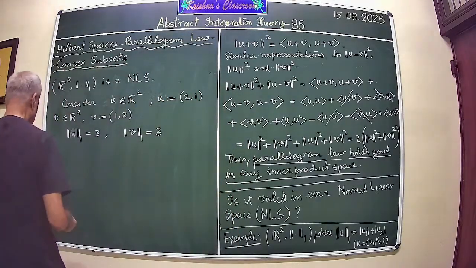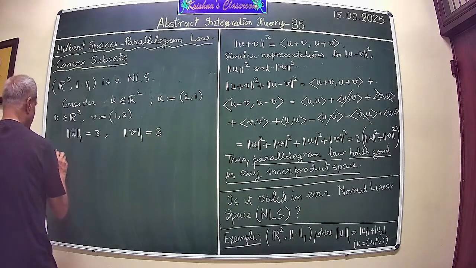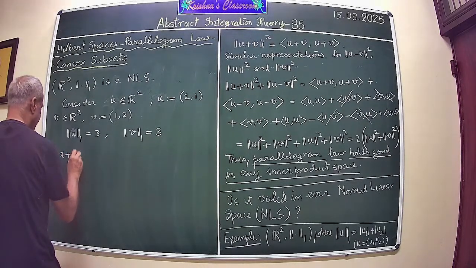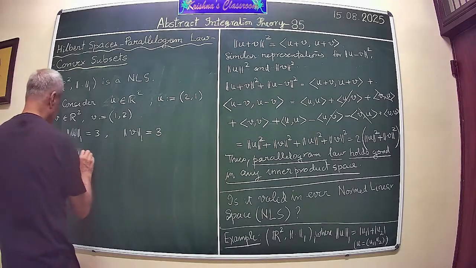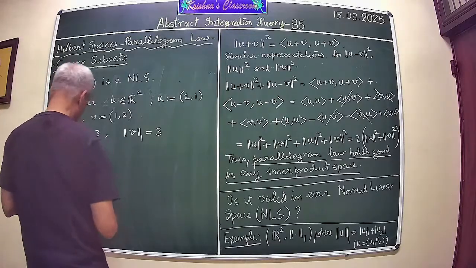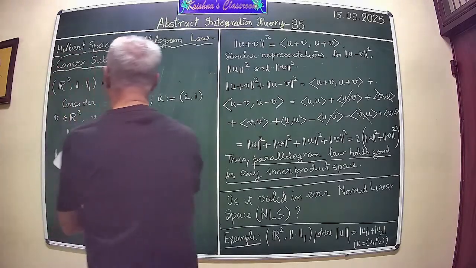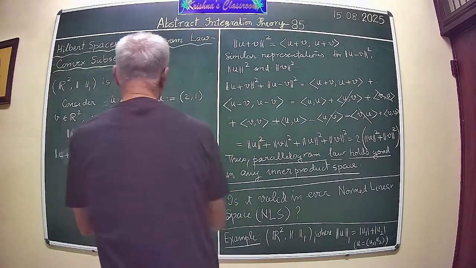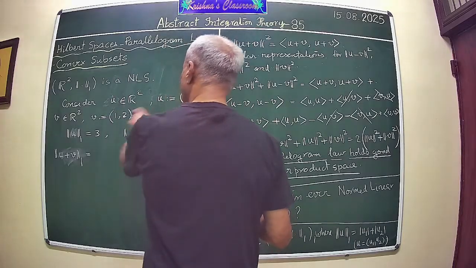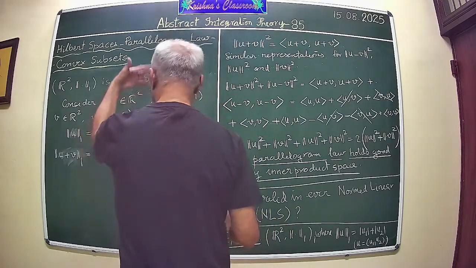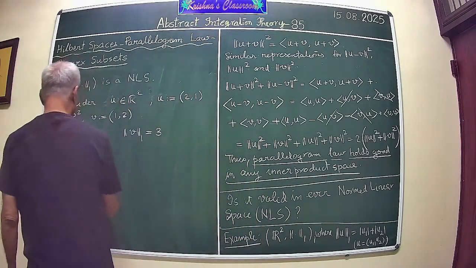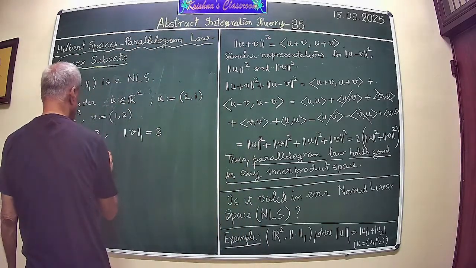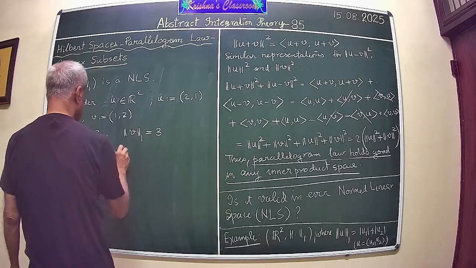Okay. Now norm 1 of u plus v equal to what? What is u plus v? U equal to 2, 1, v equal to 1, 2. So you just add it, I mean component wise. So you get this is norm of 3, 3.